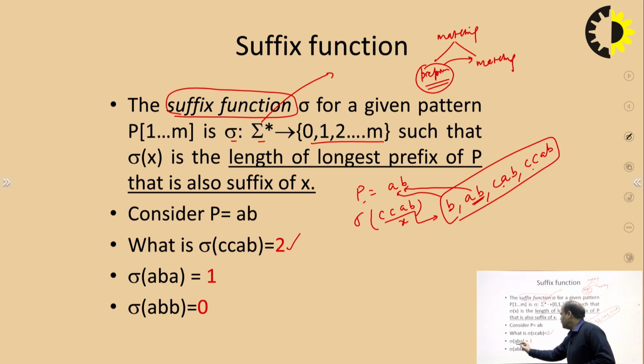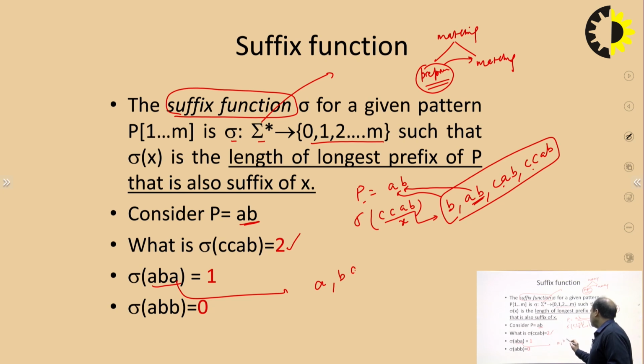On the other hand, suppose you have ABA, with reference to the pattern AB itself. What are the suffixes of ABA? Its suffixes are A, then BA, then ABA. These are the suffixes of x. Which of these suffixes is part of the prefix?